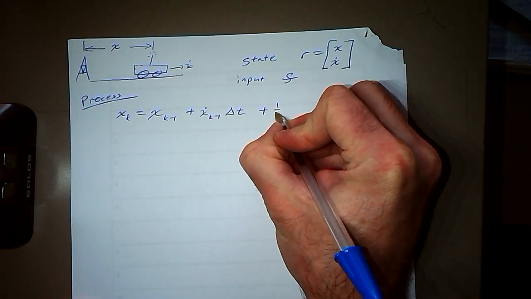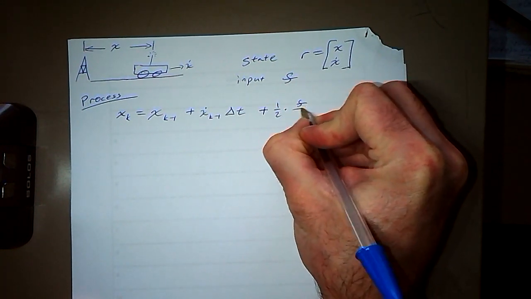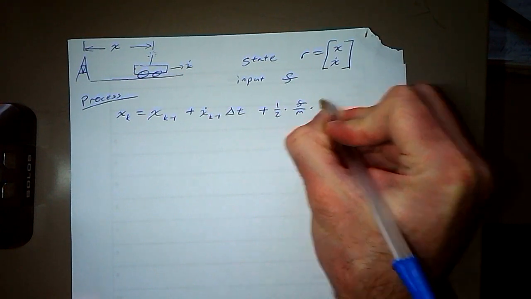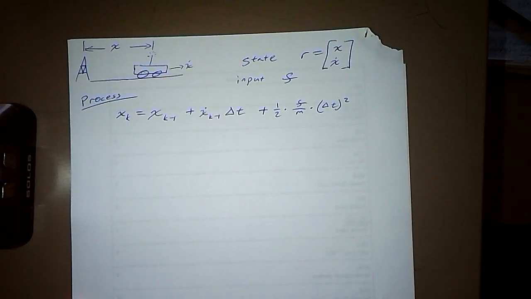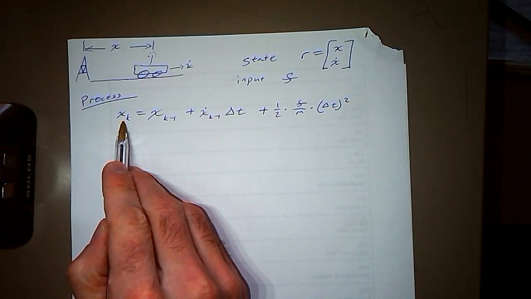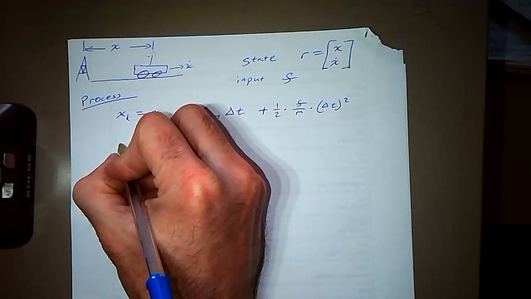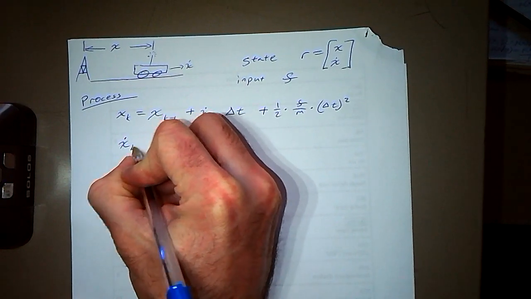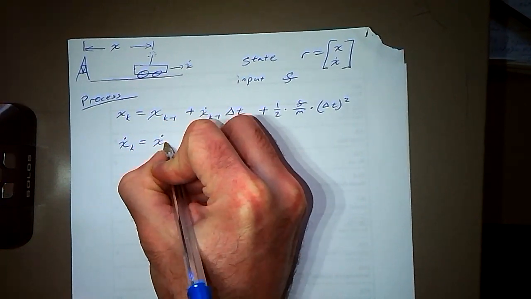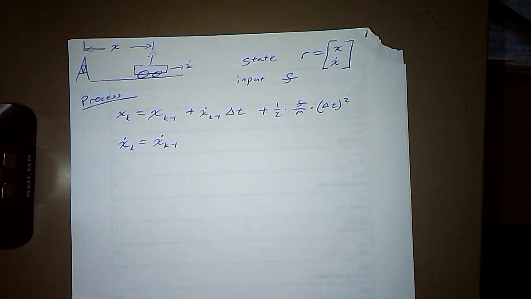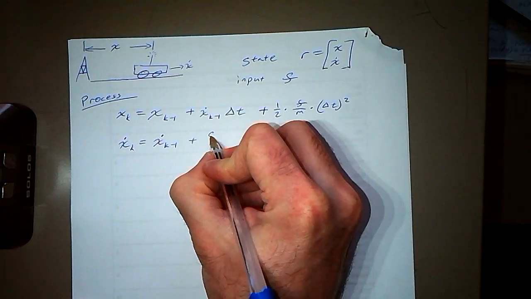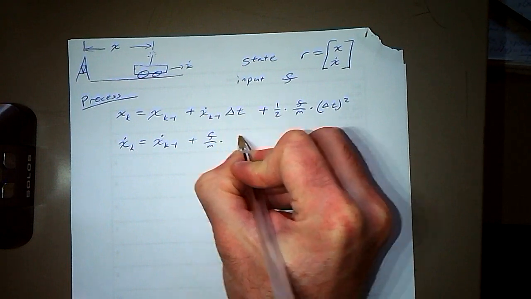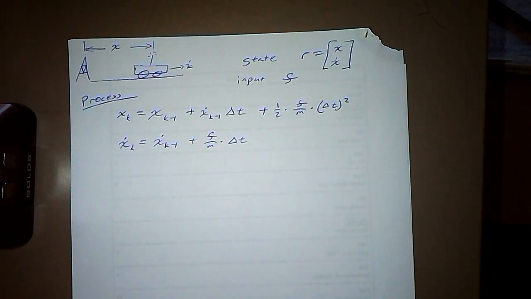So we've got 1/2 times f divided by m, the mass of the train, times delta t squared. So there's our equation for the position at time k. And now the velocity at time k is just the previous velocity, x dot at k minus 1, plus the acceleration f over m times delta t.